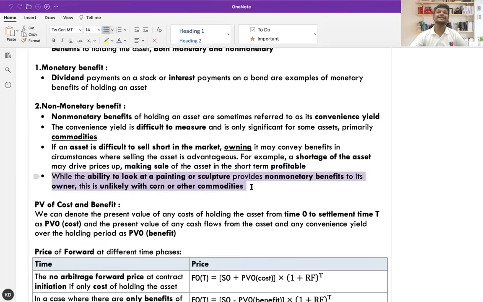So when you see a painting, do you know the world's costliest painting which was sold? I think it was sold last year, Salvator Mundi, if I recollect the name properly. That painting was sold for what price?